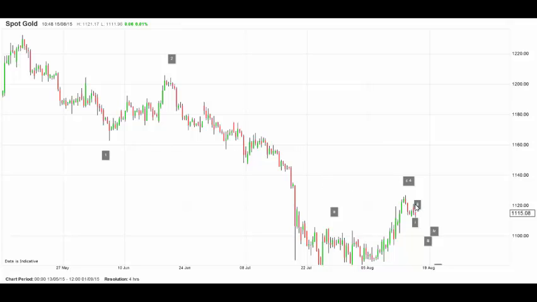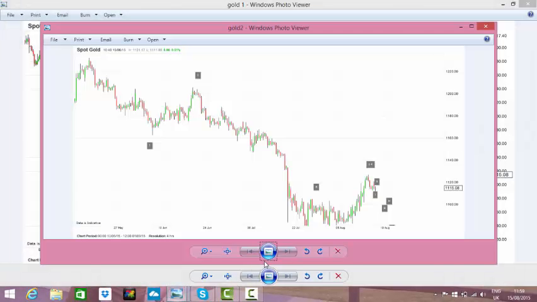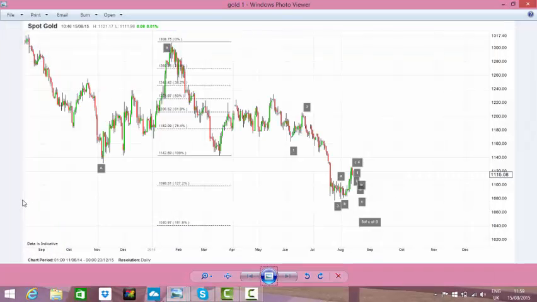Wave 1 may equal wave 5, and if that's the case, I just want to go back to the first chart we had. It would be an interesting target to have around the 1040 here.